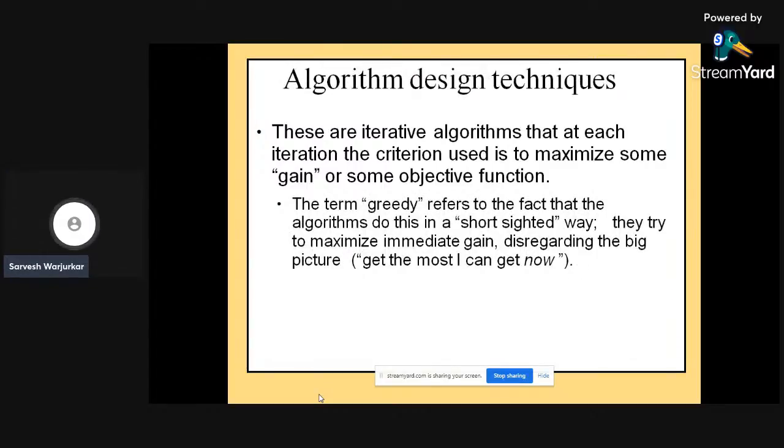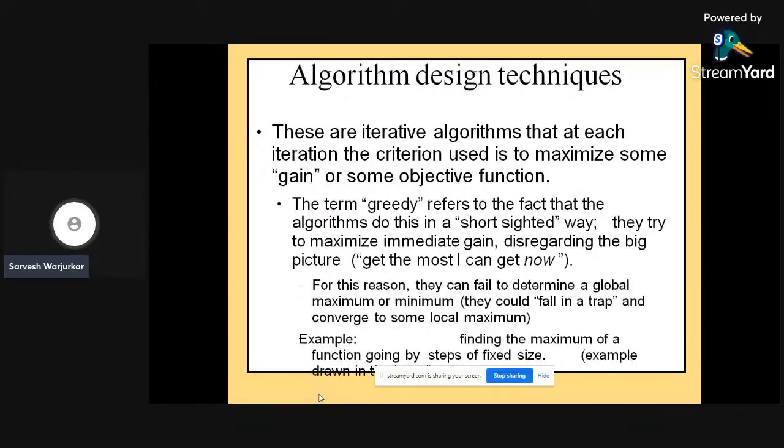The term greedy refers to the fact that the algorithm works in a shortsighted way, where it tries to maximize the immediate gain, disregarding the big picture.